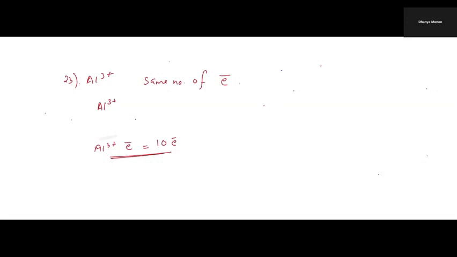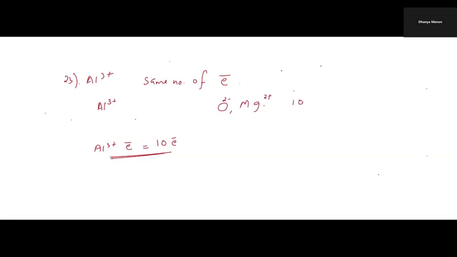Okay, so students, please remember that oxygen ion and magnesium 2 plus ion all have 10 electrons.